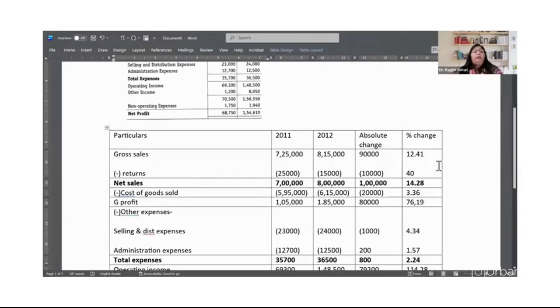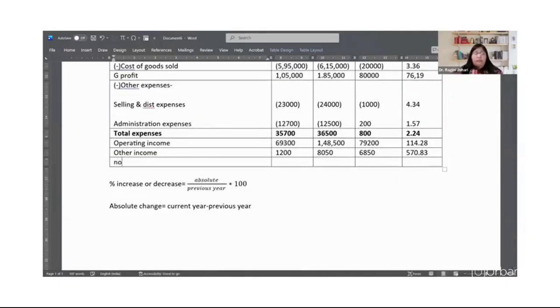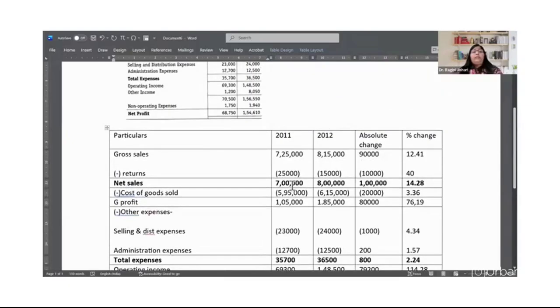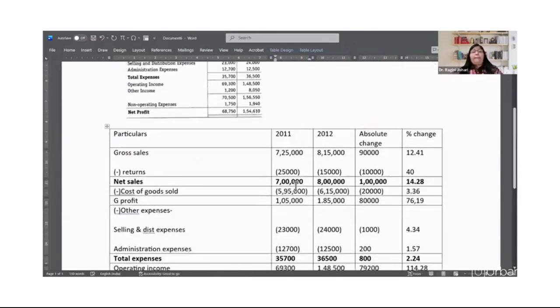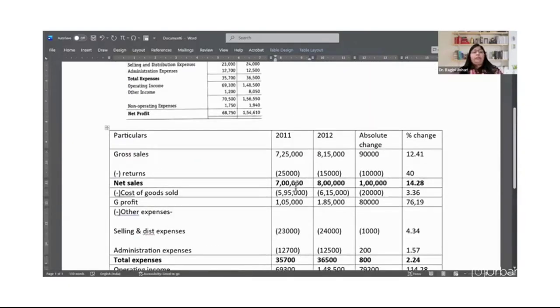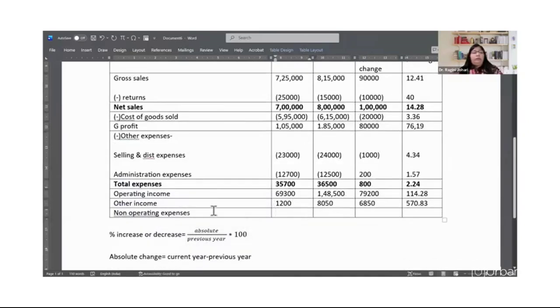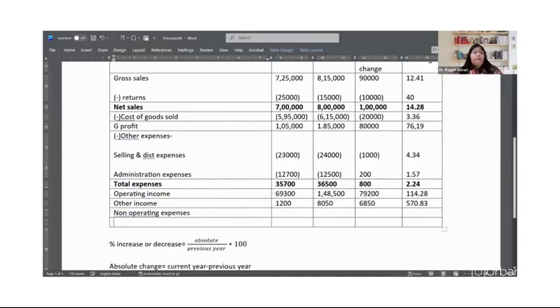Now, then we have non-operating expenses. 1750. Sorry, in between, one more moment.